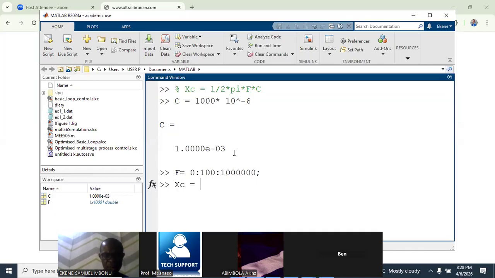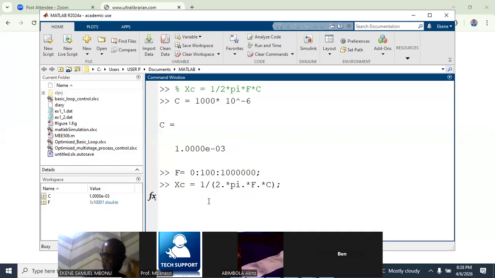And now we have that XC is equal to 1 divided by 2 times pi times F times C, using dot multiplication. Again, we suppress it.